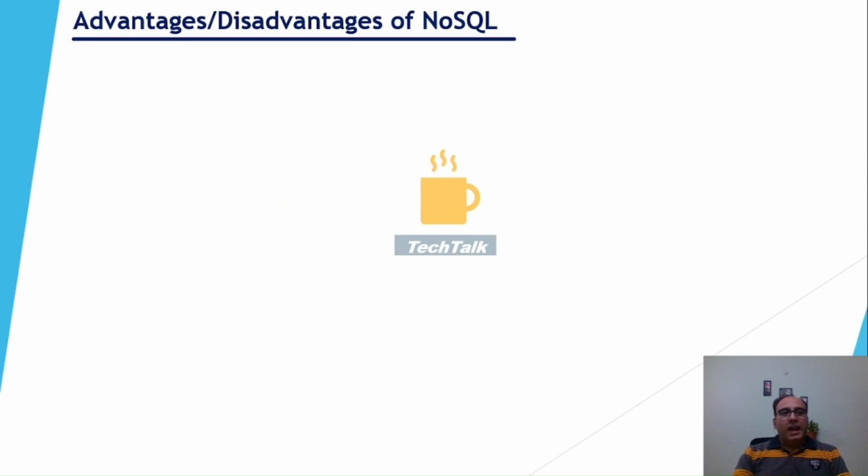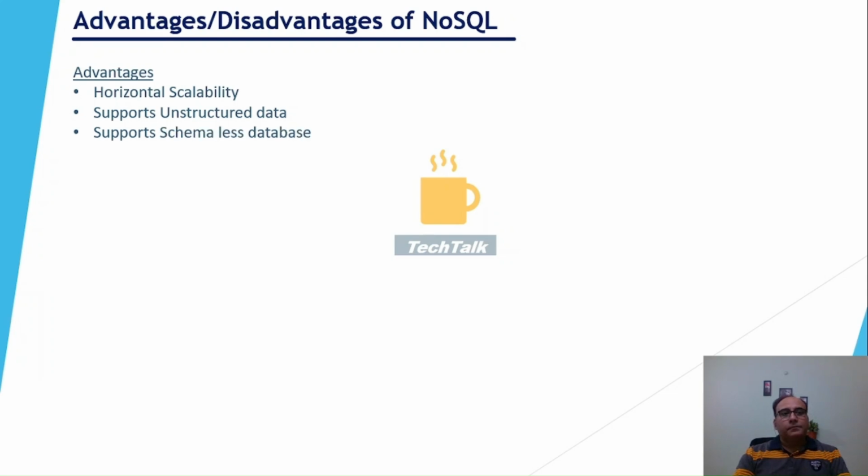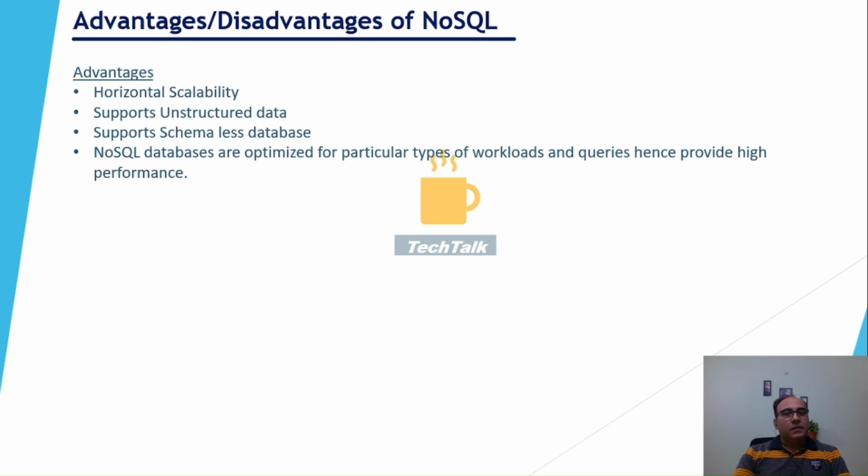So these are quite well known NoSQL databases. Now let's talk about the advantages and disadvantages of NoSQL. Firstly, let's discuss advantages. They offer horizontal scalability, support unstructured data, and support schema-less databases. SQL databases are common for all different kinds of data models.